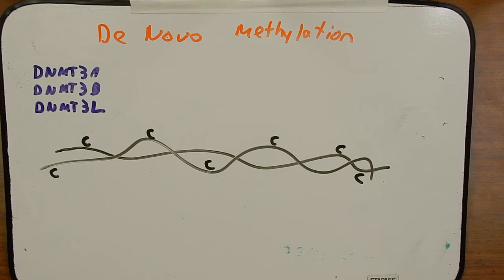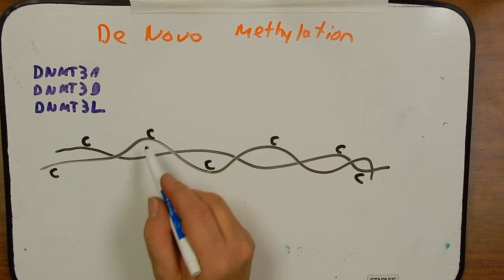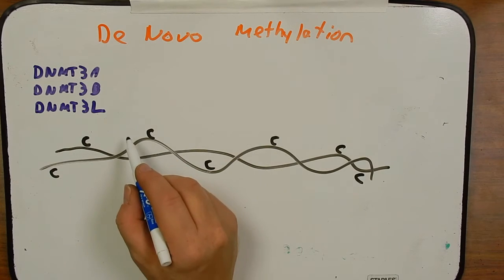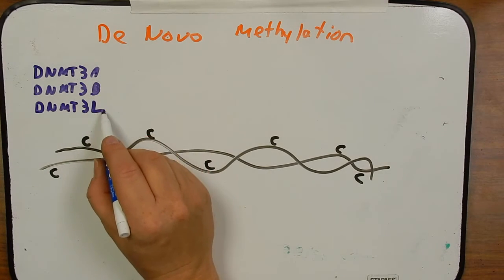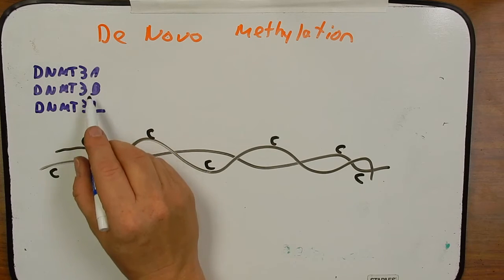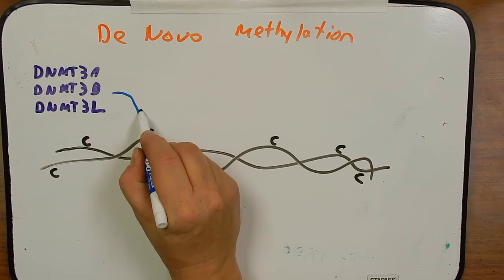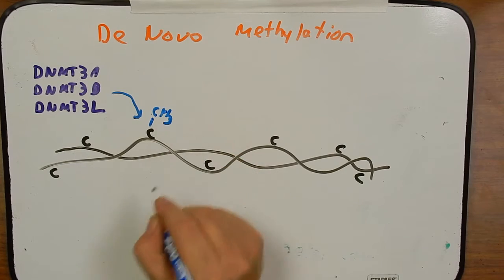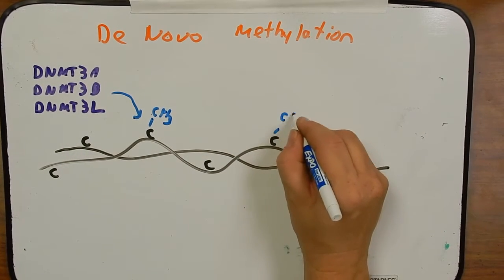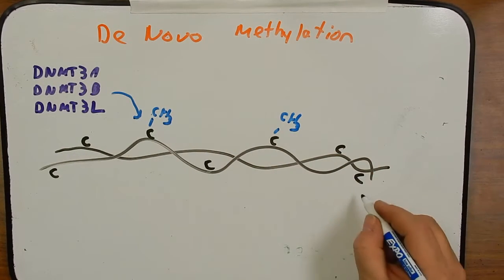But there are specific genes here in this network I just drew that need to be methylated. But there's no template to use, so it has to do it by a different mechanism. And so these proteins here, 3A, 3B, and 3L, will selectively methylate these cytosines. And not all of them, just the ones that need to be methylated.